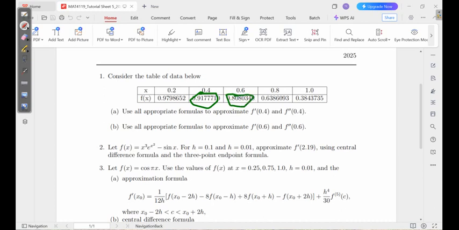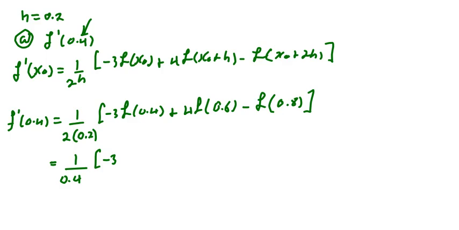Where you have 0.8, get that value and substitute, and punch everything on your calculator. That would be open bracket, our f of 0.4 is simply equal to 0.9177710, plus 4 multiplied by f of 0.6. I'm getting all this from the table.